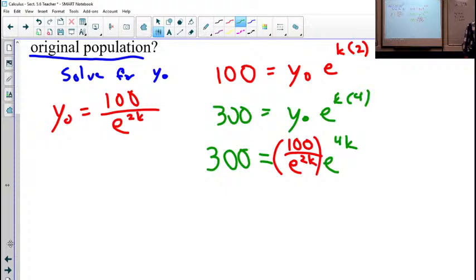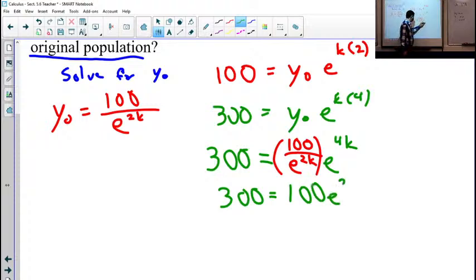So we're going to be canceling some of the fraction. Oops. Rewrite with natural log.